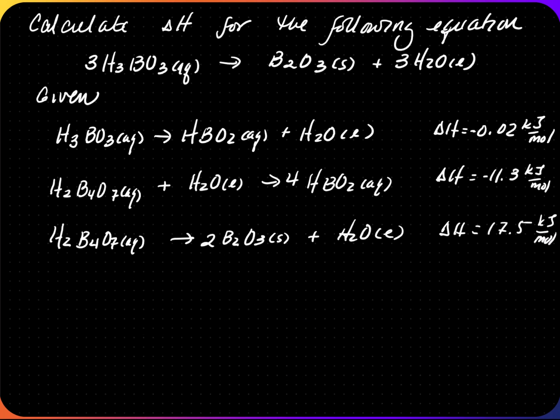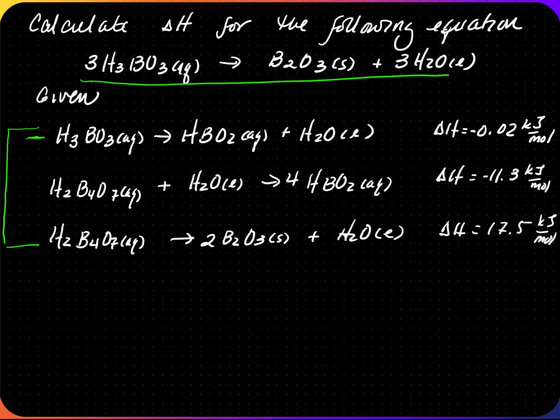So here we're calculating the delta H for the following equation. This is the original equation. This equation occurs in 3 small steps, or 3 series of steps. So what we do is we rearrange the equation and cancel out things that are not in the original equation to get the original equation.